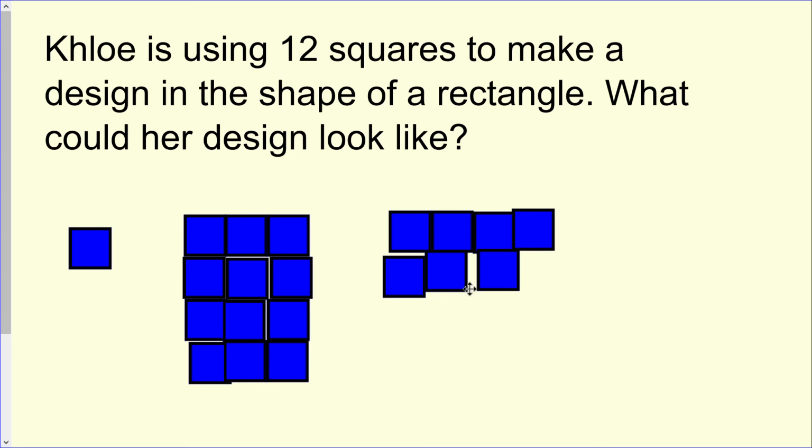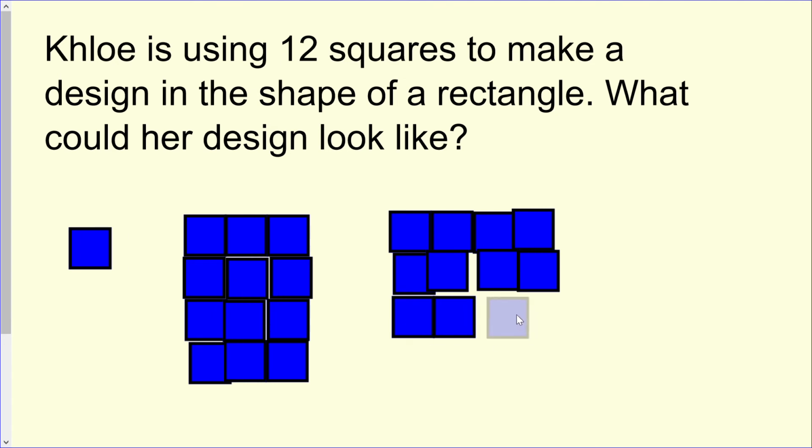It's row number 2. Do I have 12 yet? Nope. So keep on going. It's hard to pull these and make them look pretty. To our third row, how many squares are in each row? So I would have 4 plus 4 plus 4 equals 12.